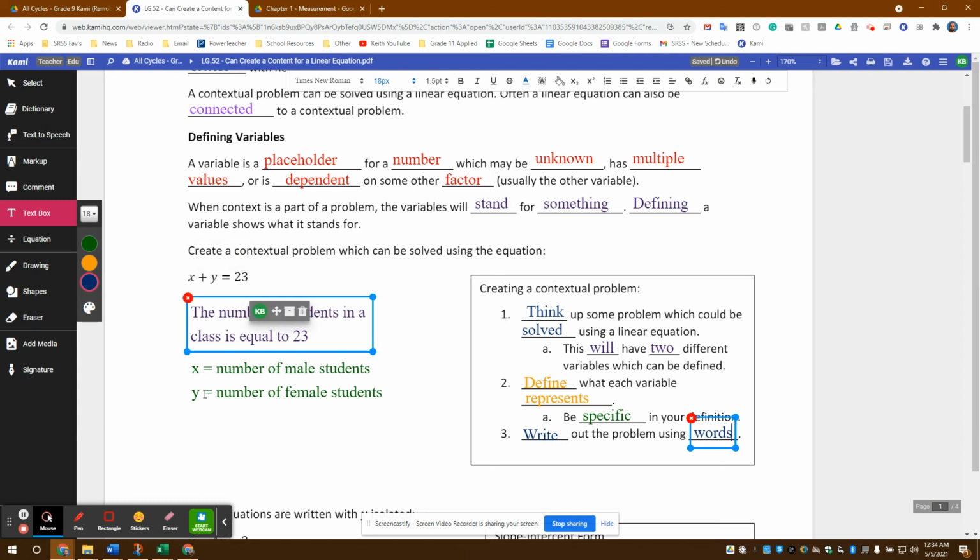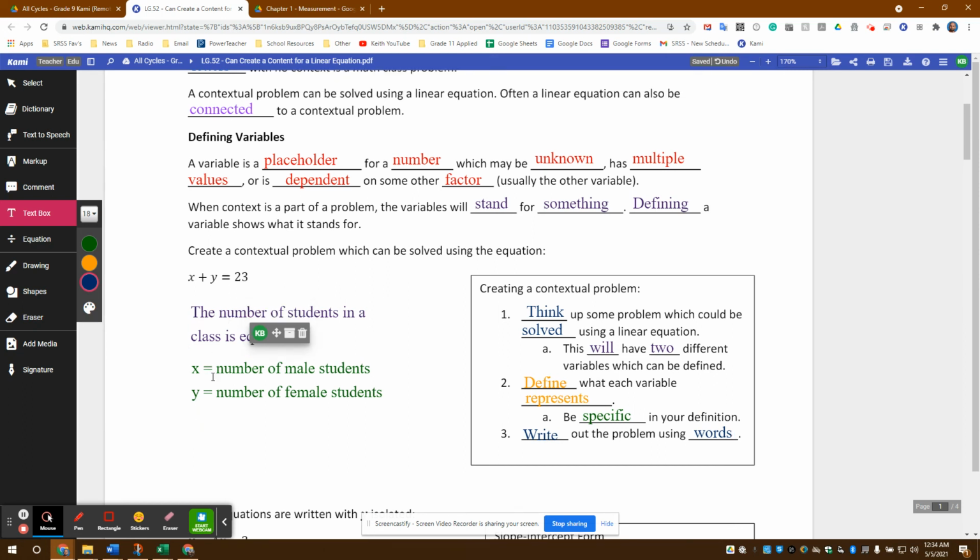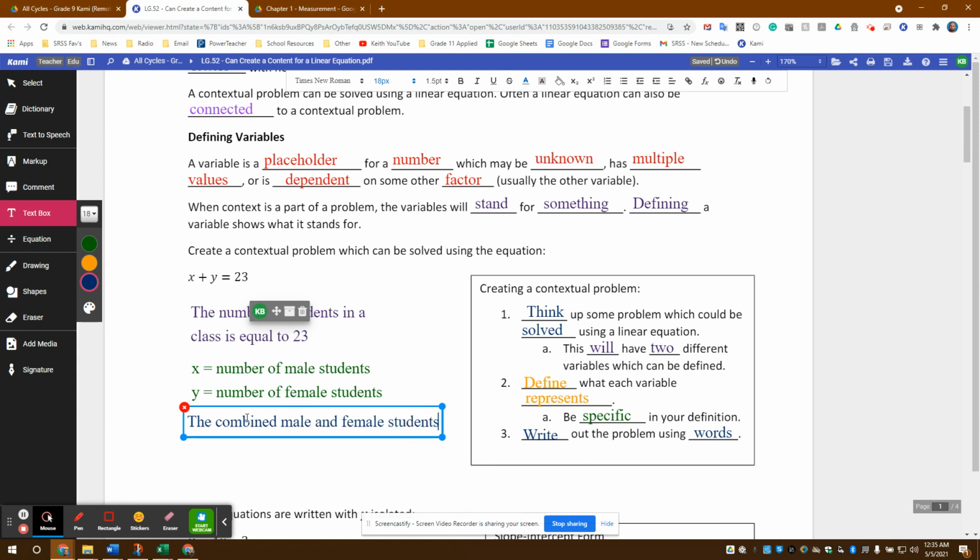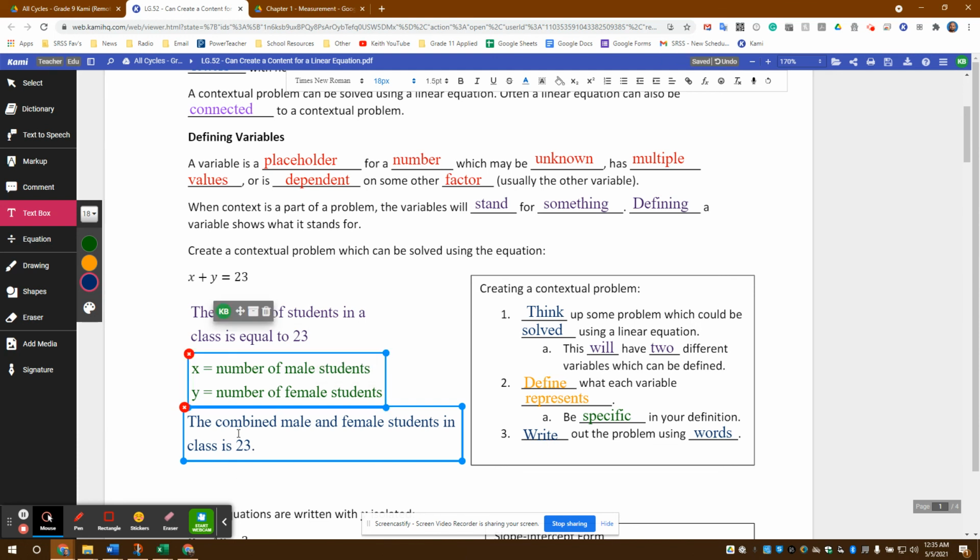And what I could actually put that as, and I'm going to rewrite it here a little bit, this is kind of my thought process: the combined male and female students in class is 23, or something along those lines. It does use my two variables, the combined male and female students in class. Again, x is the number of male students, y is the number of female students. We've come up with a problem that could be solved using this equation.